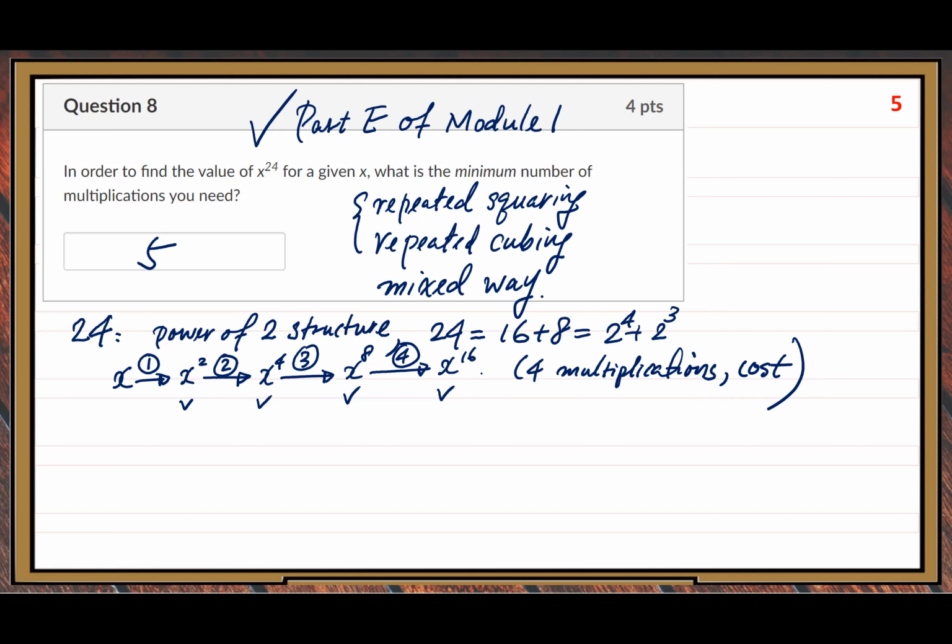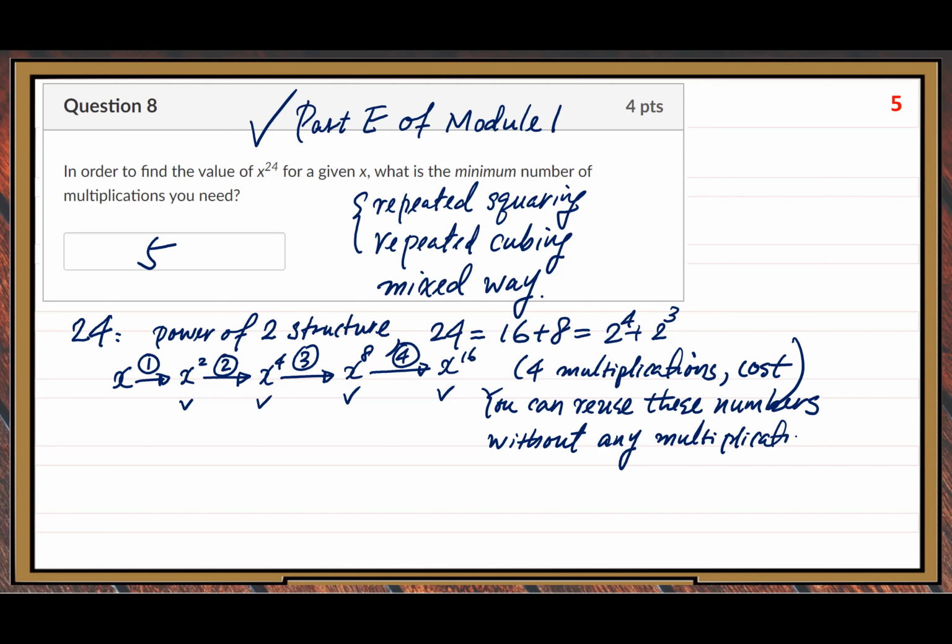That means if you need these numbers, you can reuse them without any multiplication, because you have paid to get these resources.